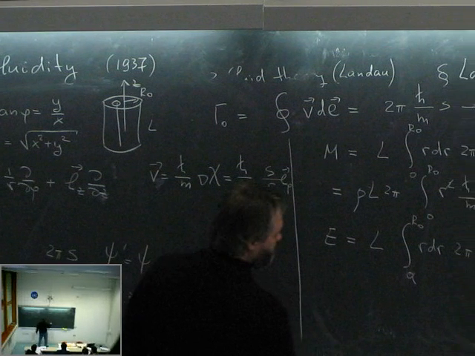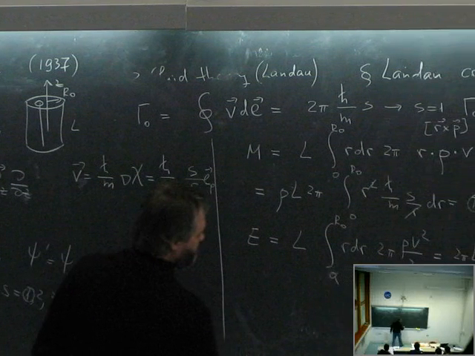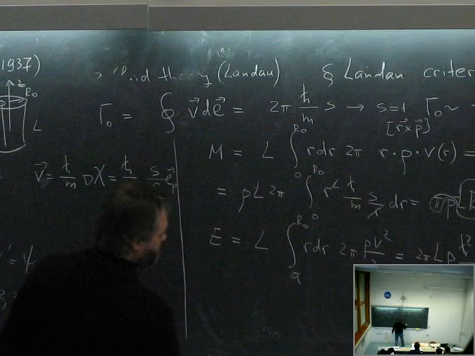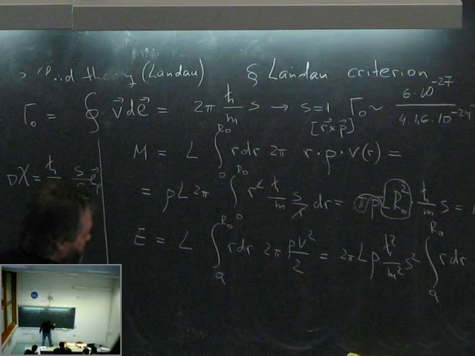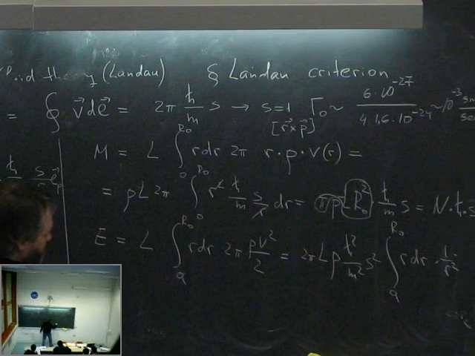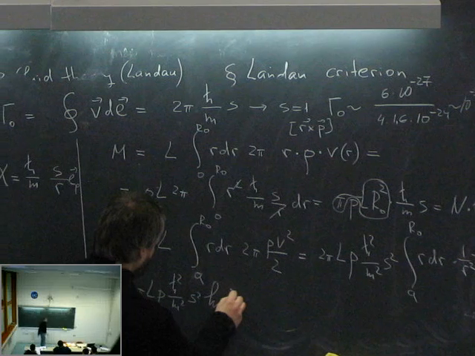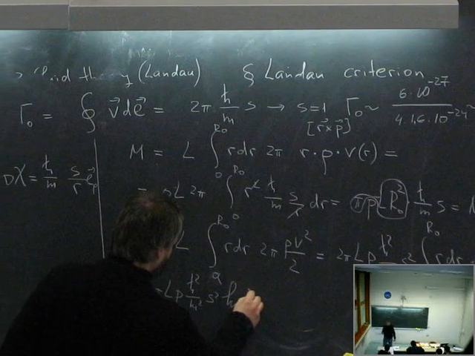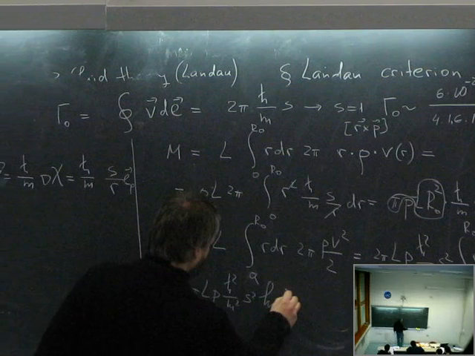So what we have here is 2 pi L rho H squared over M squared S squared times the logarithm R node over M. So to create the vortex costs energy, and this is the so-called vortex logarithm.